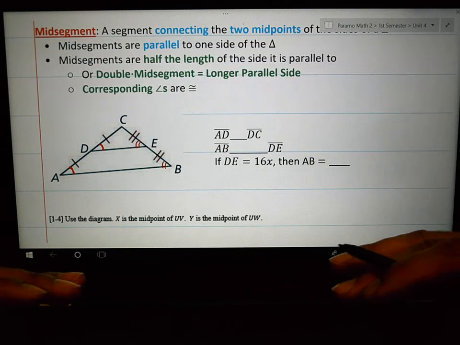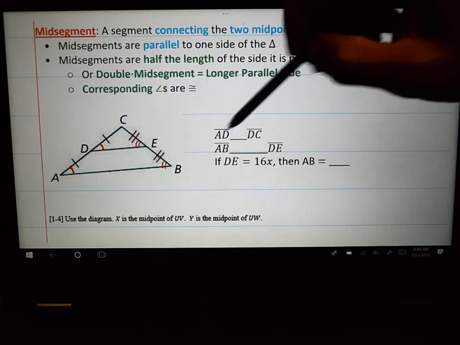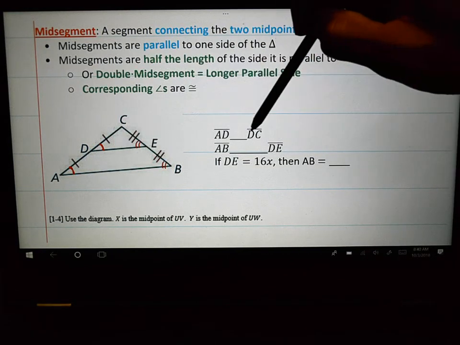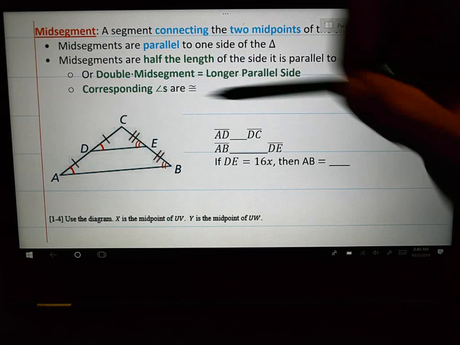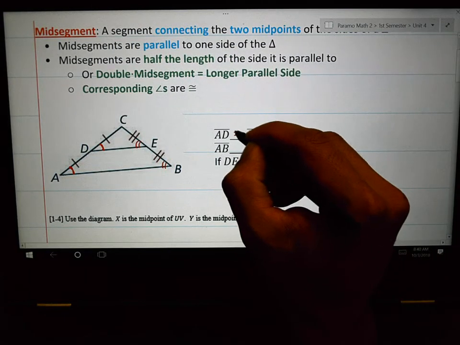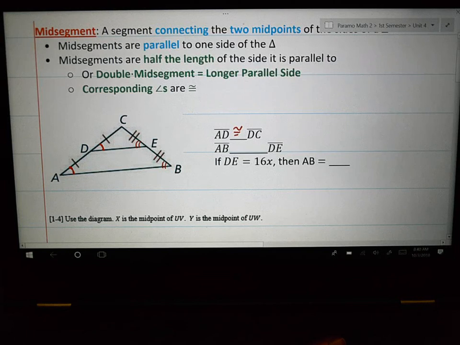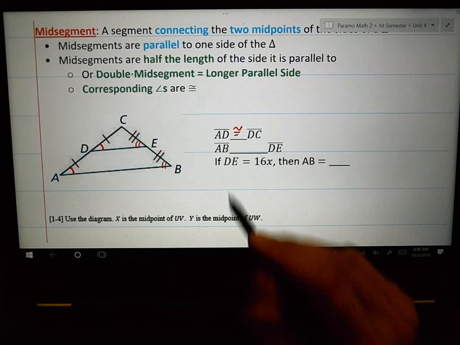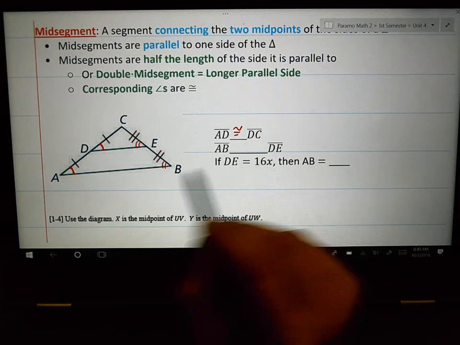So before we get into our examples, I had a little idea here. AD is something with DC. What are they? They are congruent to each other. They're the same distance, the same size, which makes D a midpoint. AB is blank of DE.